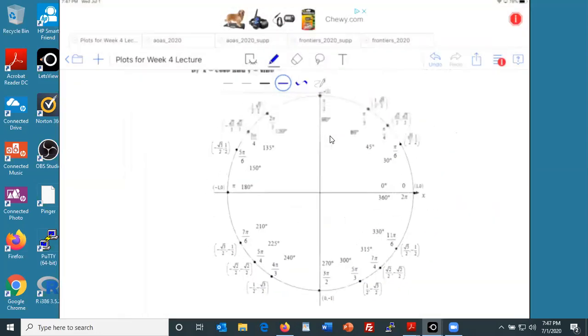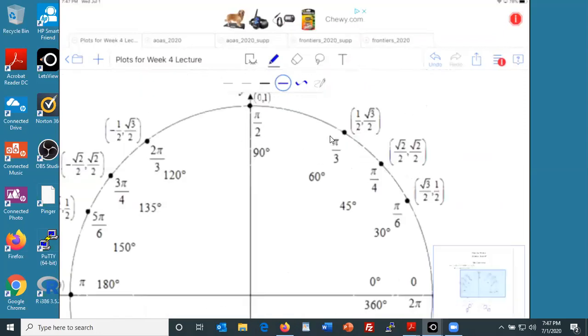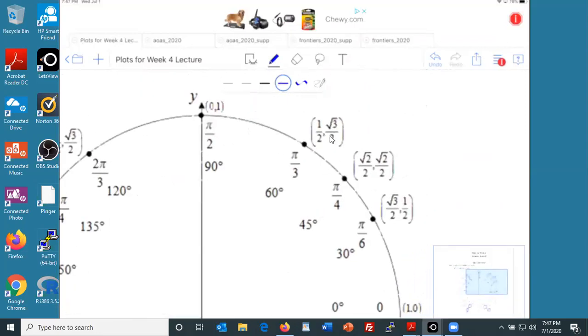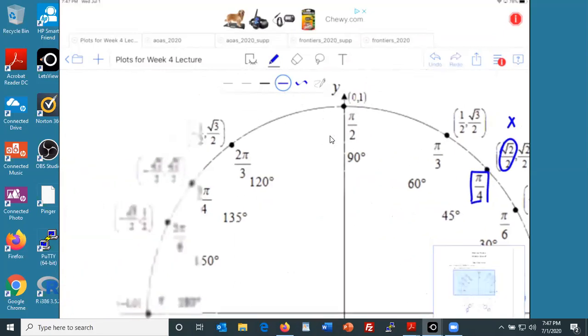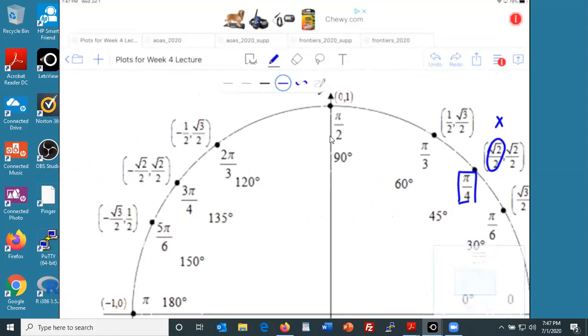All right, so can you see where the x values are square root of 2 over 2? So like in the first quadrant, right there at pi over 4. Here's an x value. That's square root of 2 over 2. So pi over 4 is 1. If I go over here, here's a minus square root of 2 over 2 for x. Remember, I want plus and minus square root of 2 over 2 for the x coordinates. So 3 pi over 4 is another angle.